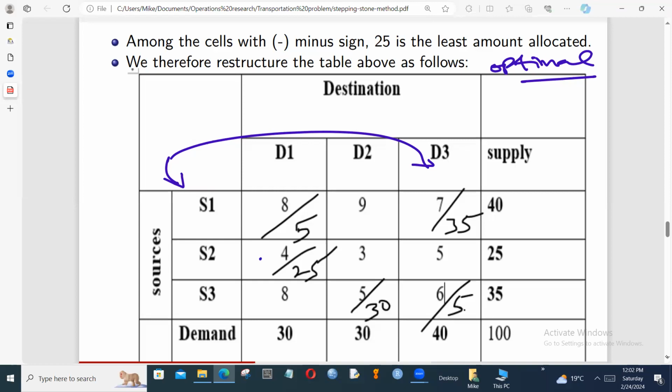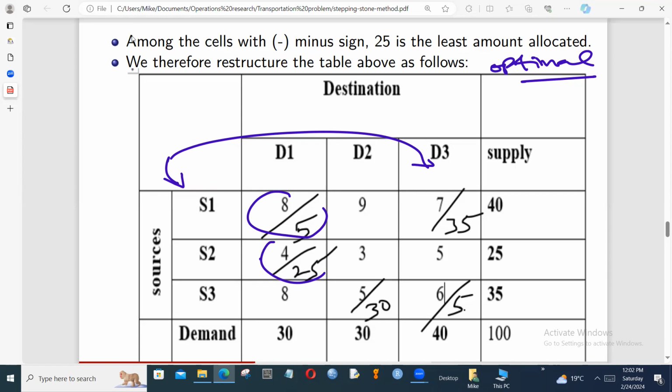So if we end up with this being optimal, then we shall just come back and calculate the sum of these products, 8 times 5, plus 7 times 35, 4 times 25, 5 times 7, and so on. Then add just the usual way.